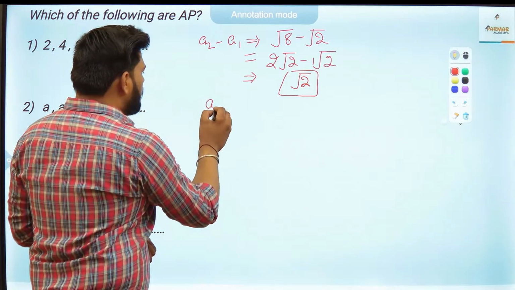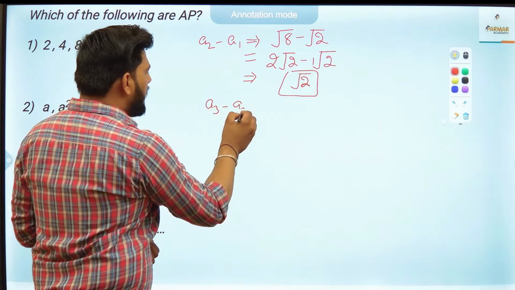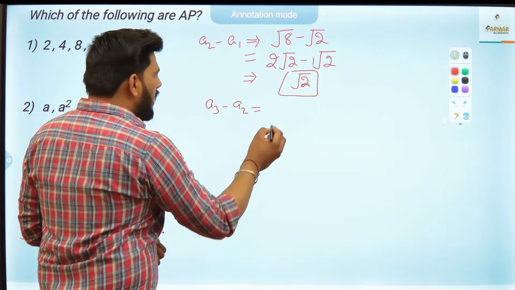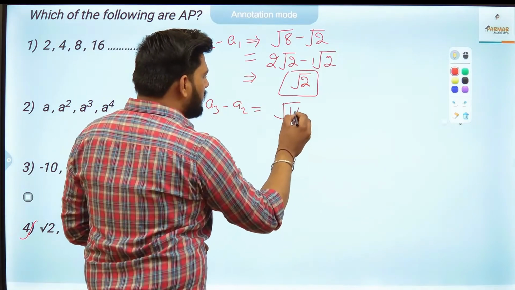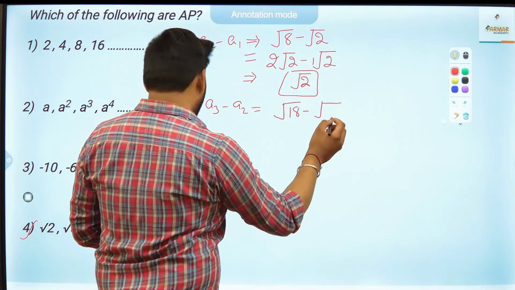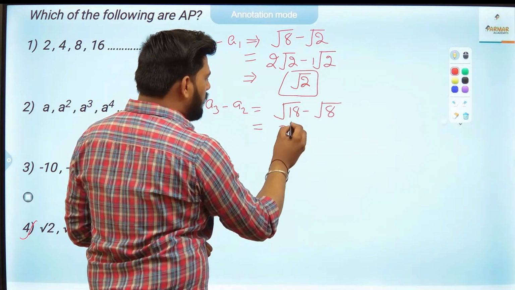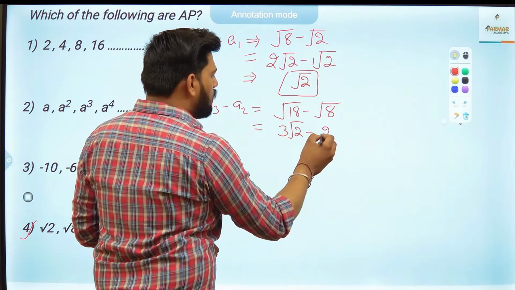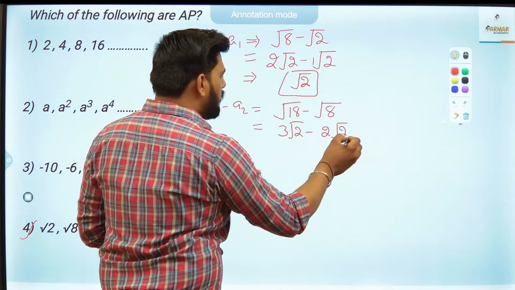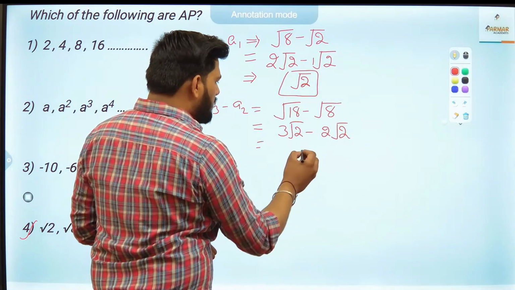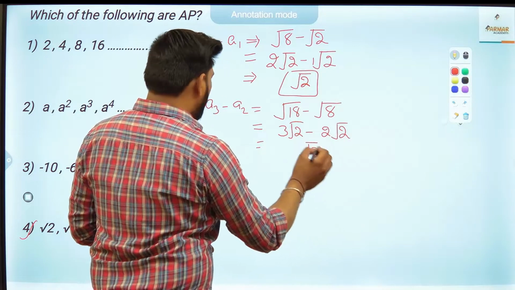The difference between the third term and the second term is under root 18 minus under root 8. Under root 18 is written as 3 times under root 2, and under root 8 is 2 times under root 2. So the overall difference is 1 time under root 2.